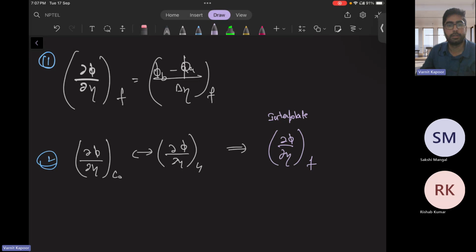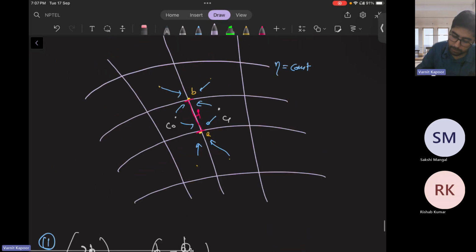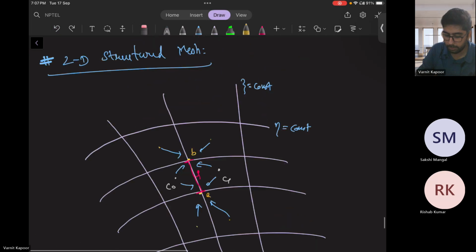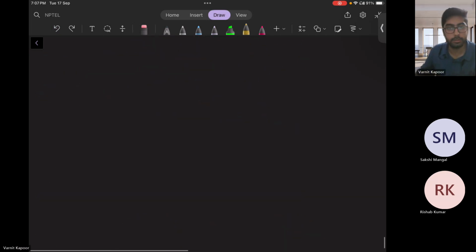Any doubts? So you get the values of dou phi by dou zeta from this node at this C0, and from here to here at C1, and then you interpolate between them. I hope it is clear.